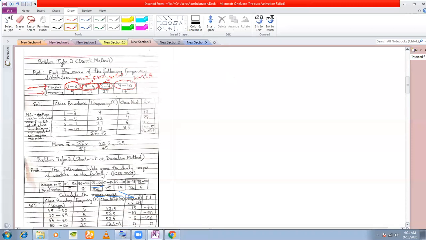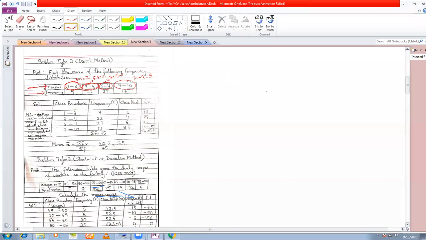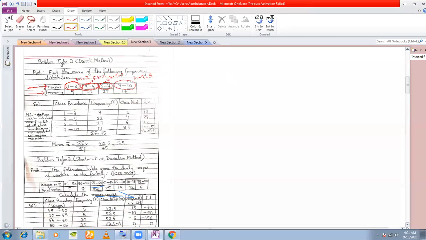Whenever you come across this kind of situation where you see that the class widths are different, for example, the class width here is 2, here 2, 2, and here it is 3.